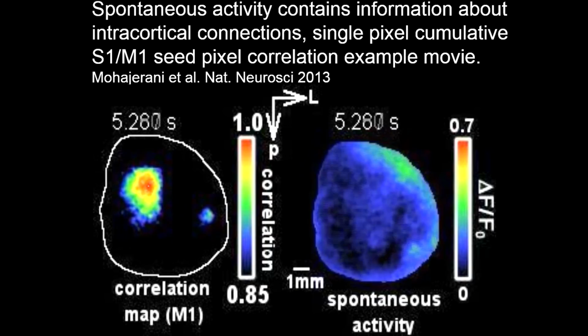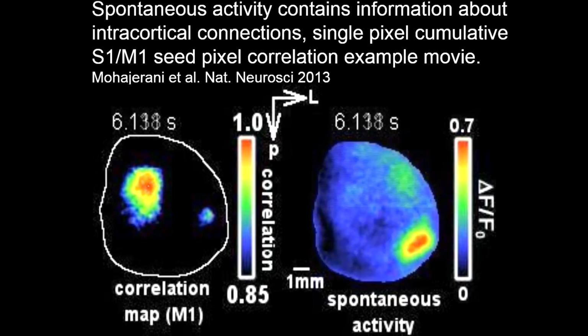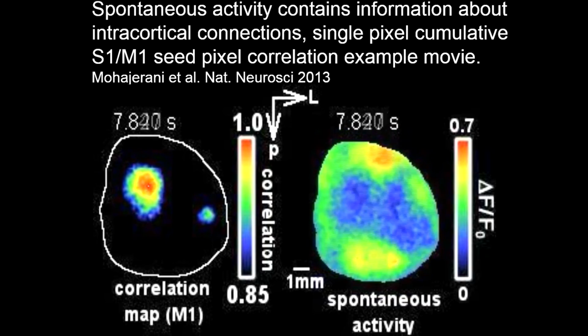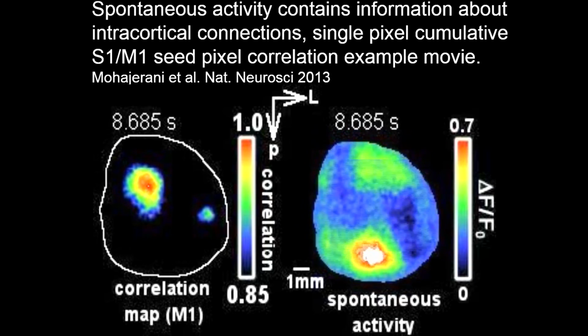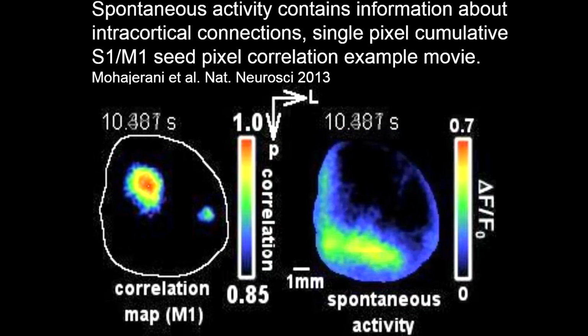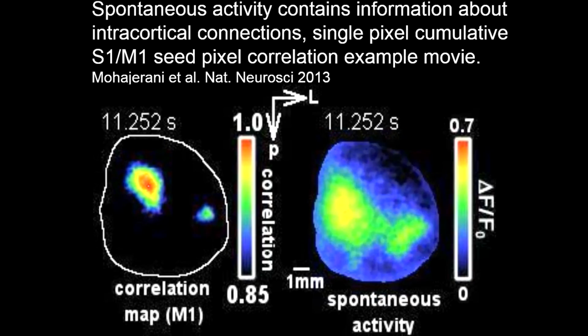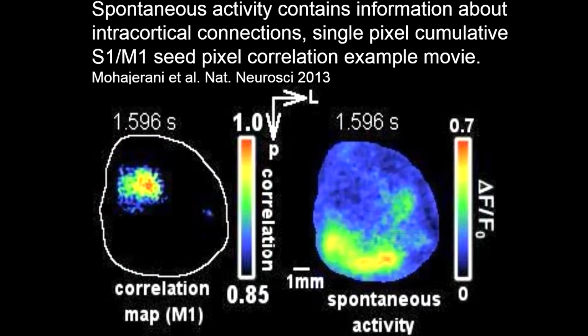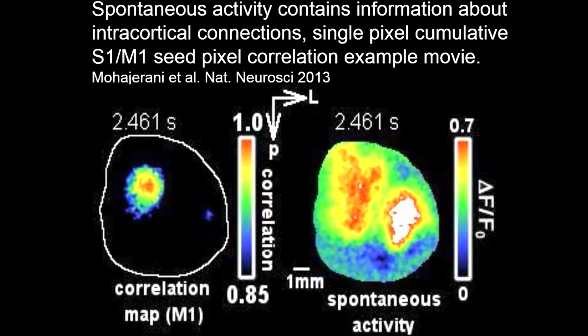taking a single pixel and then looking at how other pixels are correlated with that over a long sequence of time. And so what we've done here on the right is spontaneous activity. On the left is a movie of correlation, which updates every 100 milliseconds.